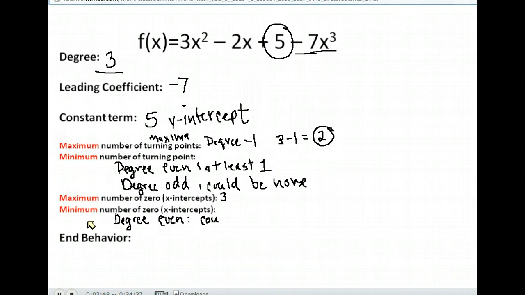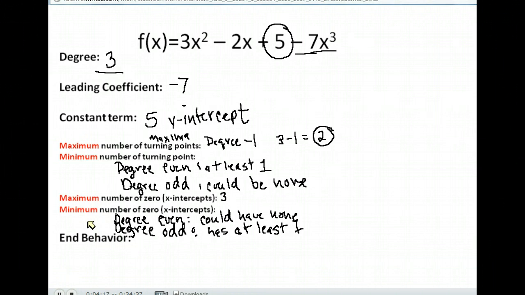If the degree is even, it could have none at all. It doesn't have to have any if it's got an even degree. If the degree is odd, it has to have at least 1. And we'll talk in later sections about why that is. And when we say zeros, we mean real zeros, real numbers, not imaginary ones.